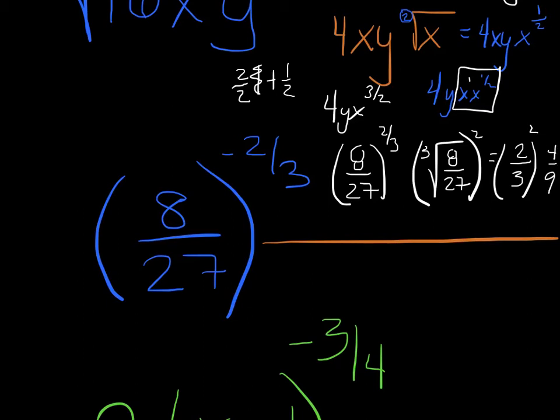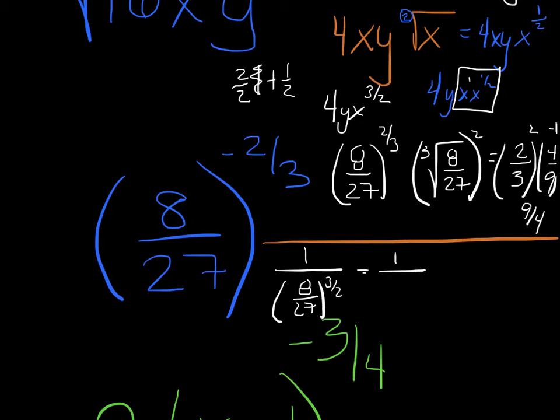Okay? Now you have to remember you have a negative exponent, which turns this now into 9/4. Okay, that negative exponent is flipping my fraction. Let's try it the other way. Maybe you want to leave that negative exponent. So I would say that's 1 over 8 over 27 to the 3/2. All right, I moved it in the beginning.